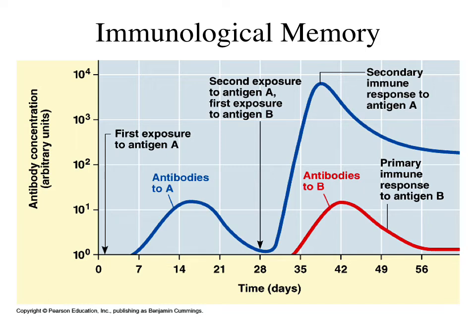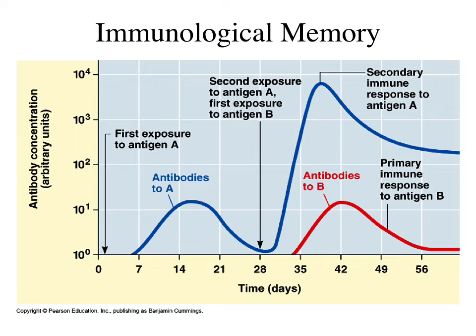So the peak occurs sometime after 14 days. But then you'll see it rapidly declines. But remember, we have plasma cells and we have memory cells. The memory cells are still there.